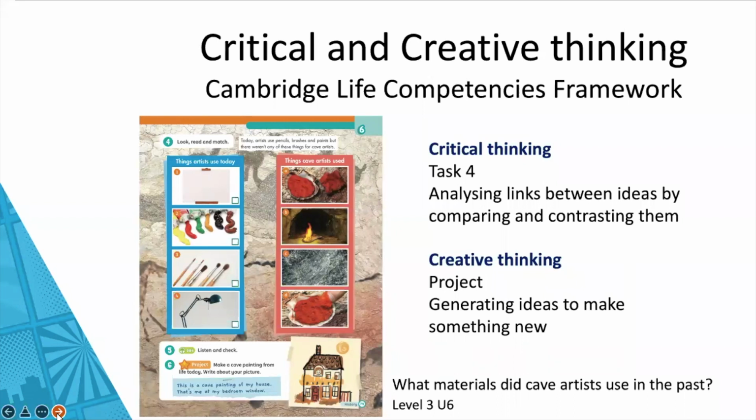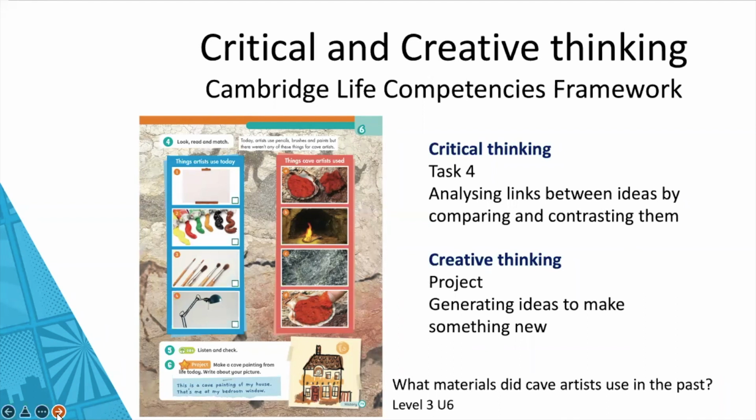So they could say, to compare, cave artists mixed water with powder to make paint. Artists today also mix water and powder to make paint. And to contrast the information, cave artists used red, yellow, and orange rock powder, but now artists use paints with many colors.